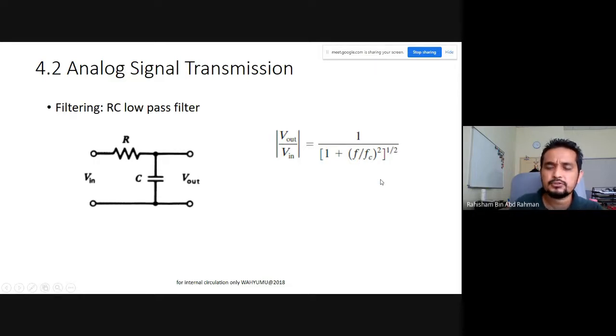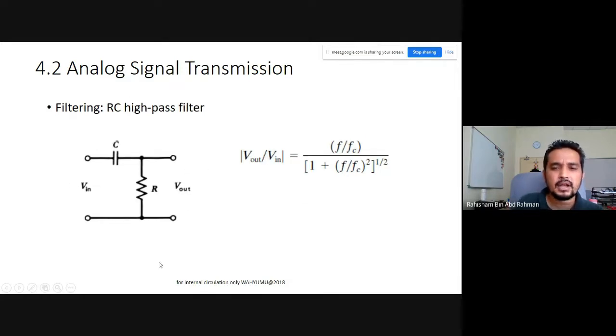These are the values that we need to calculate. This is the low pass filter, and there is a high pass filter with certain formulations, and we need to design what frequency domain we want. So we need to decide based on this circuit.